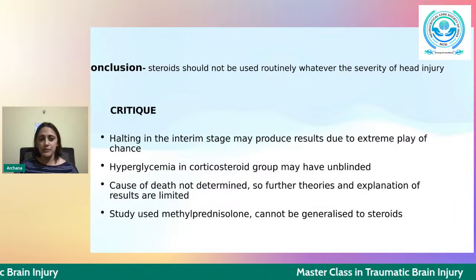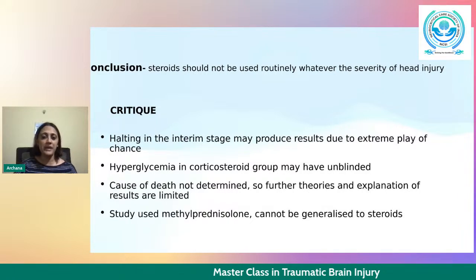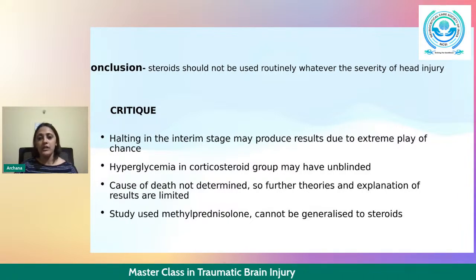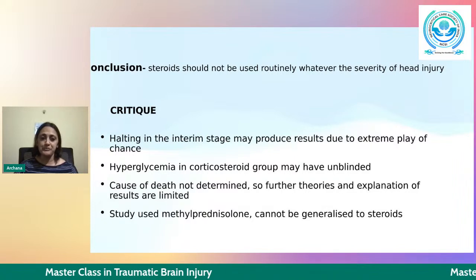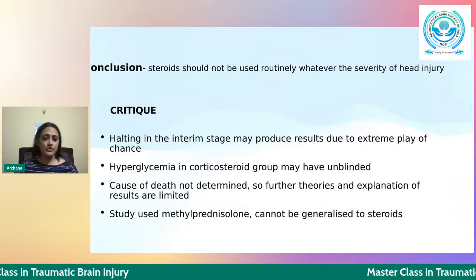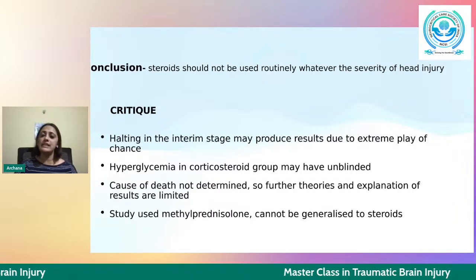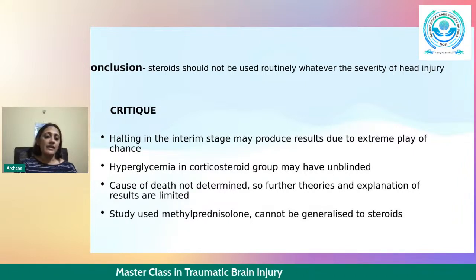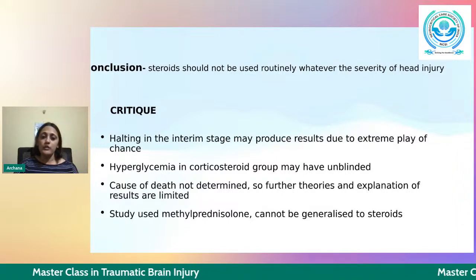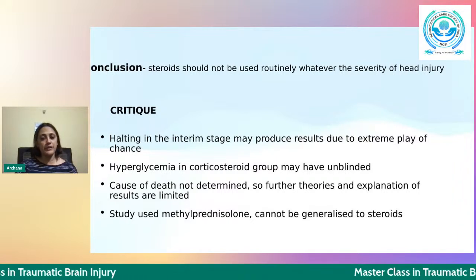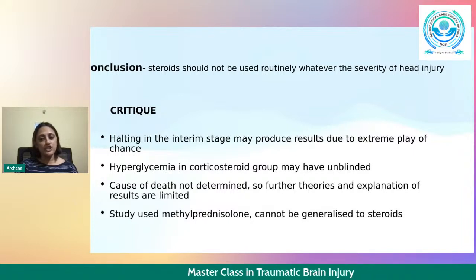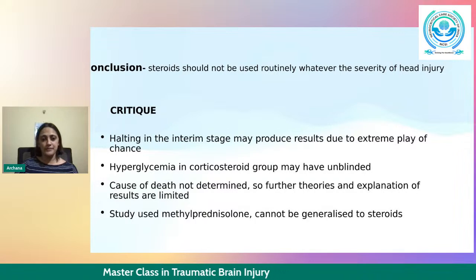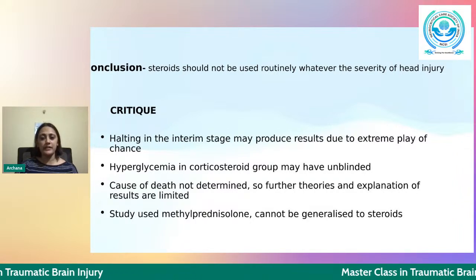And hyperglycemia, which occurred in the corticosteroid group, may have unblinded the assessors to the allocation of the group. And here, the cause of the death was not determined. So, further theories and explanation of results are limited. And the corticosteroid used in this study was methylprednisolone, and hence it cannot be generalized to all steroids. And more studies may need to be done.